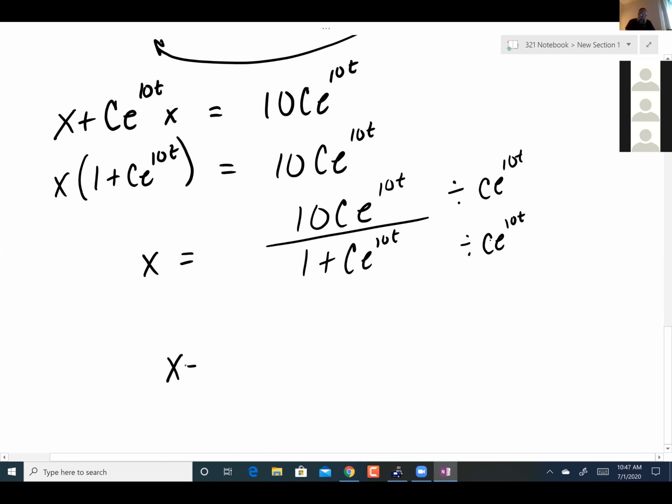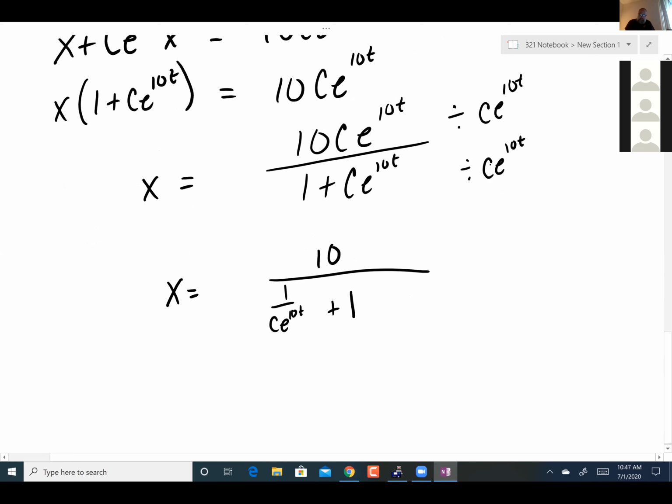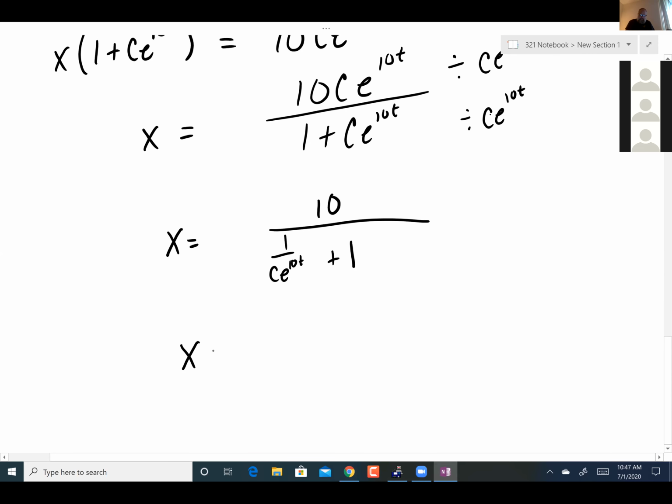And so you'll get x equals 10 over 1 over c e to the 10t, I want to write it like that, plus 1. And then most people will finish that off by saying x is equal to 10 over c e to the negative 10t plus 1.